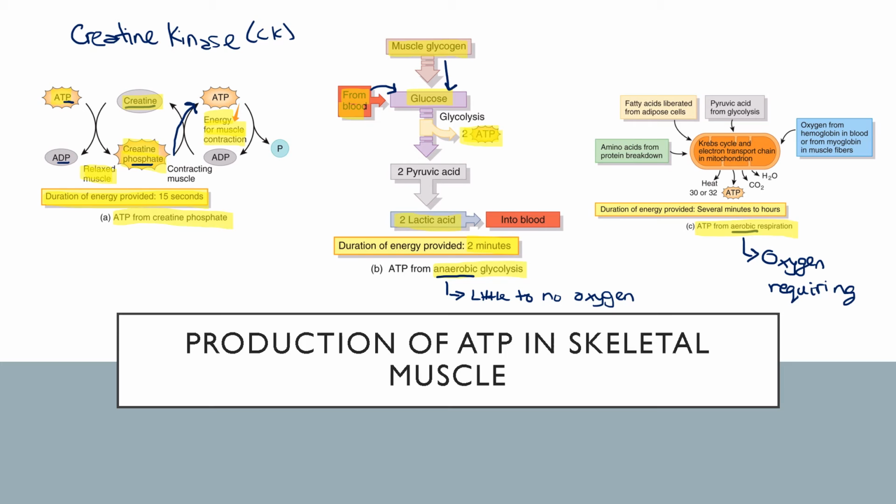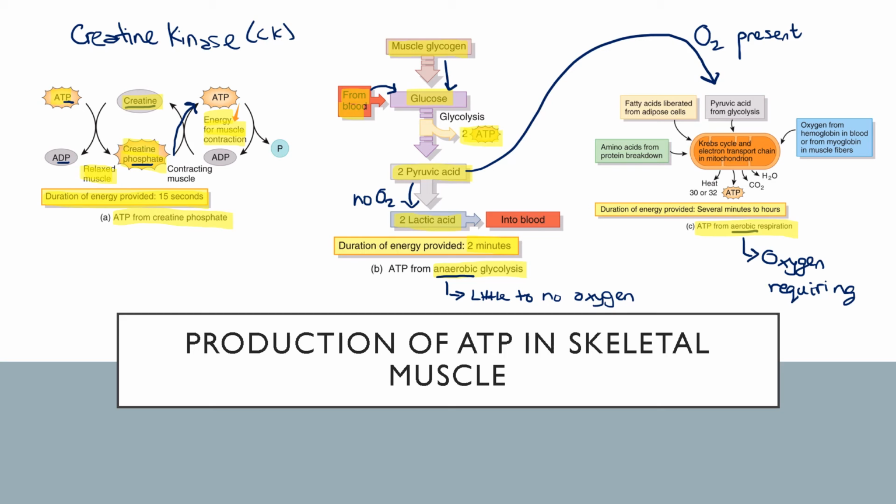Now, if sufficient oxygen is present, though, pyruvic acid is going to enter into the mitochondria and take a different route than lactic acid. It's only going to go to lactic acid when there's no oxygen. If there is oxygen present, then we're going to come over here to aerobic respiration.